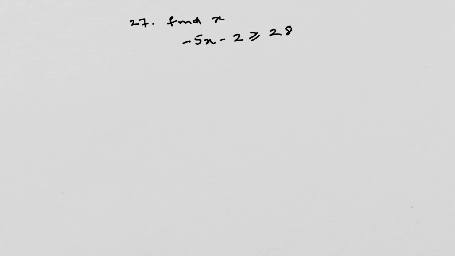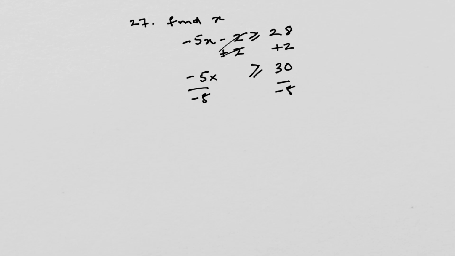Question 27. Find x in the inequality negative 5x minus 2 greater or equal to 28. Solving inequalities is just like solving equations. First, add 2 to both sides. This 2 will cancel out. 28 plus 2 is 30. Next, we divide both sides by -5.